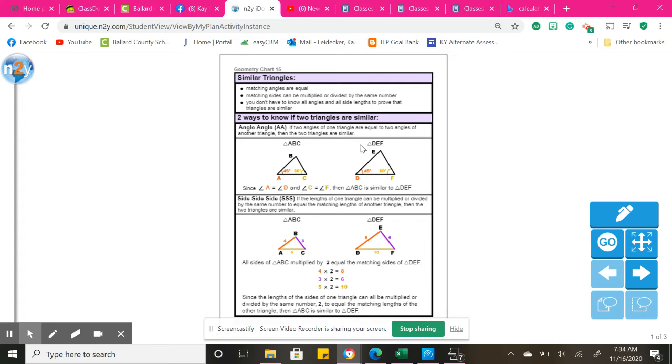So the two triangles are similar using angle. And then you have side, knowing that all the sides are the same or not the same, and it can be multiplied or divided by the same number to equal the matching letters of the other triangle. Then the two triangles are similar using side.